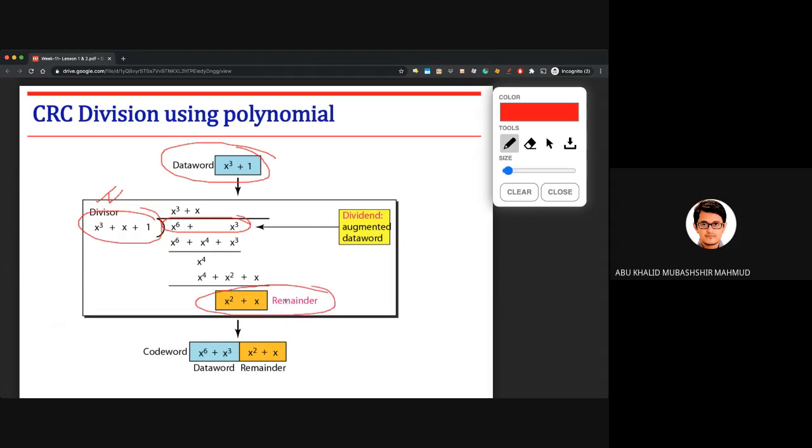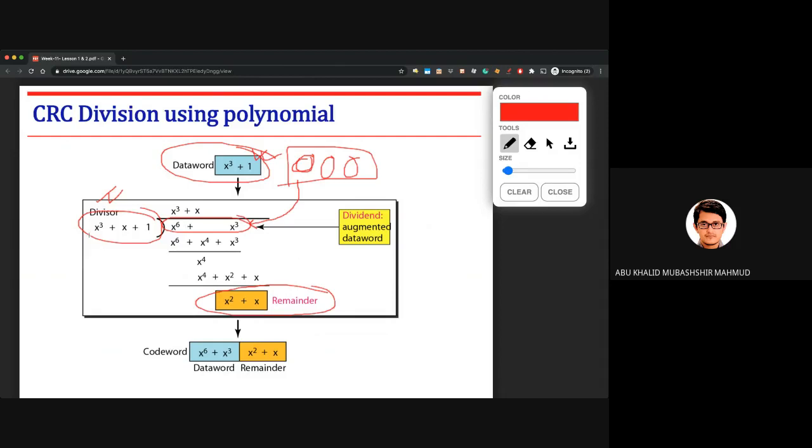When we add 3 zeros, or 3 bit values, to this data word, it changes into this format. This is the augmented data word.